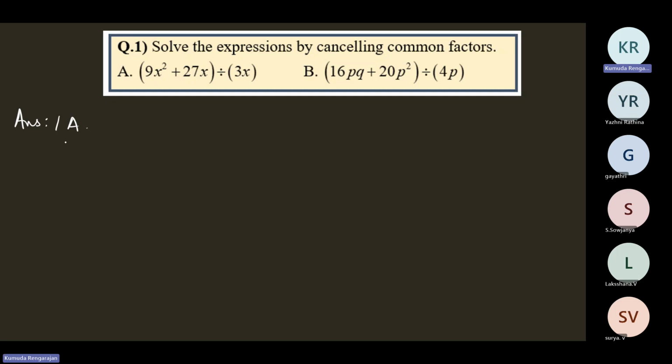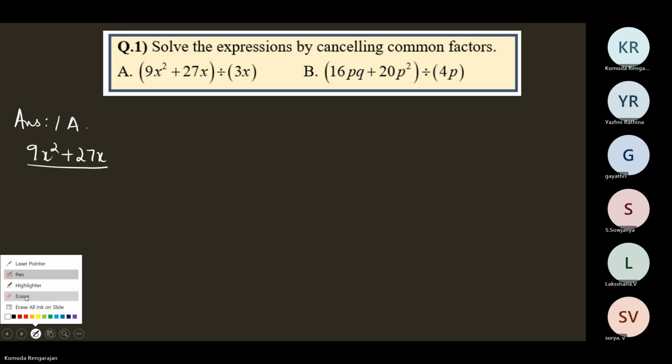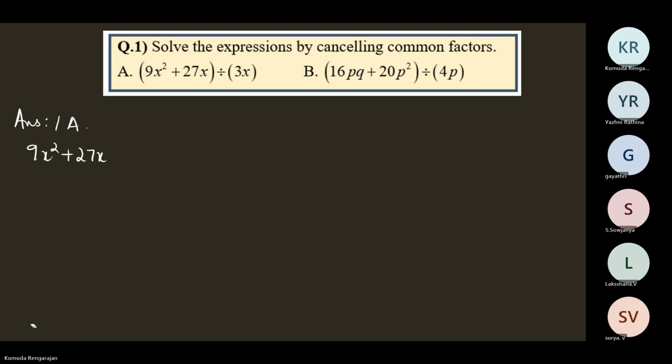So the question is: solve the expressions by cancelling common factors. How many terms are there in the numerator?